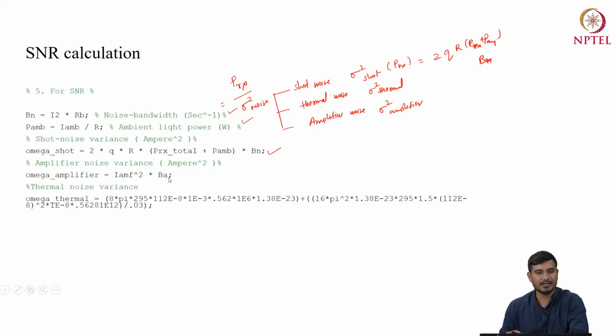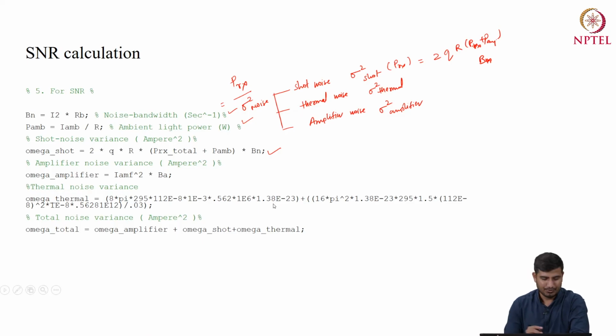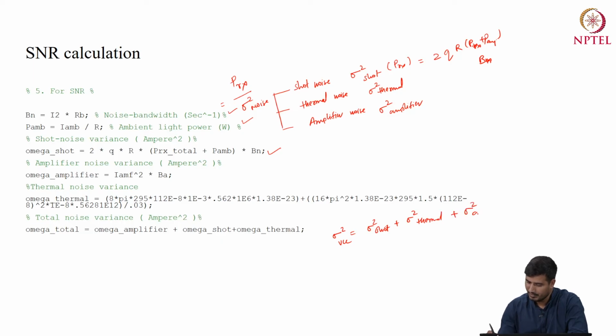Then the thermal noise variance. This long expression you can see in any book, so you can simply write that expression and define every variable that you need to define first. Based on that, you can get the total noise. So this sigma square VLC will be sigma square shot plus sigma square thermal plus sigma square amplifier.